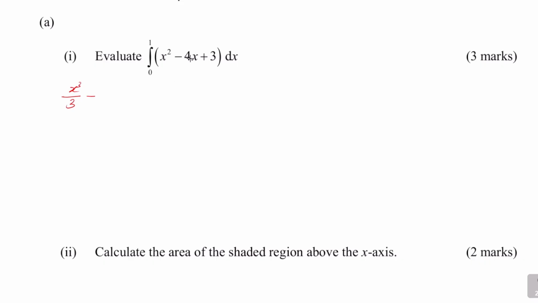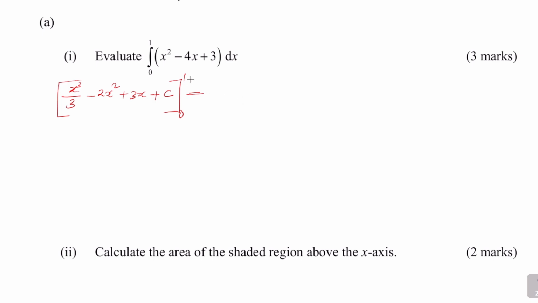When you integrate 4x, you will get 4x squared divided by 2, that will give 2x squared. When you integrate 3 with respect to x, you get 3x. Don't forget to add the constant of integration. Then square brackets, you are integrating from 0 to 1.